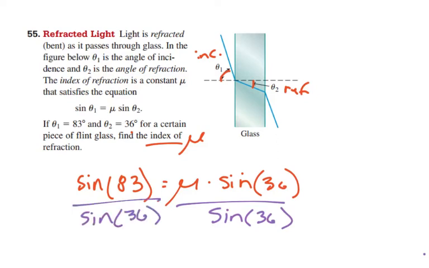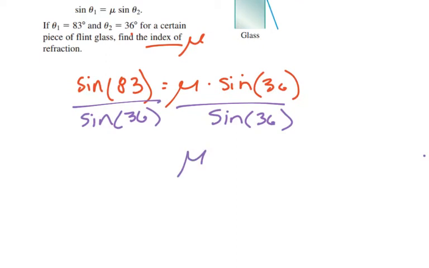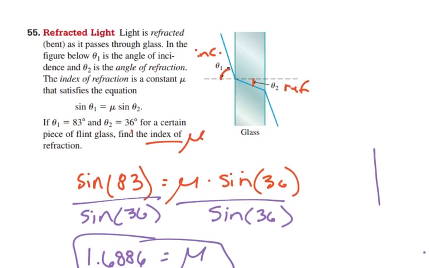So we just need sine of 83 over sine of 36. Make sure you're in degree mode, because otherwise you're going to get a radian. So sine of 83 divided by sine of 36. And so we get a refraction index of 1.6886. So just understanding where sine could be applied. All right.